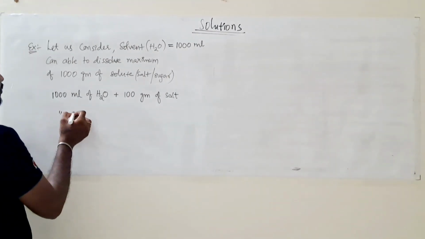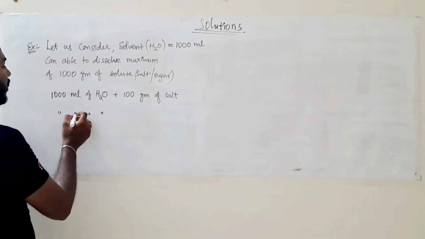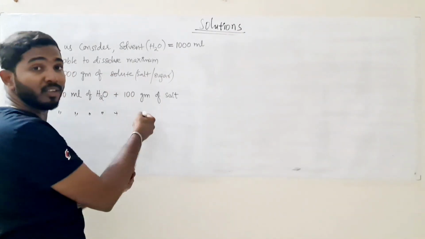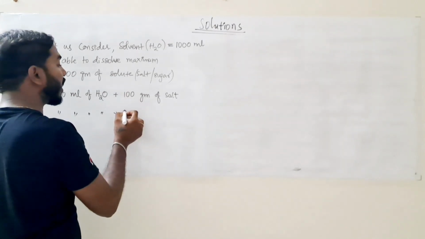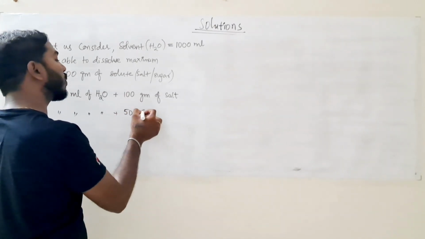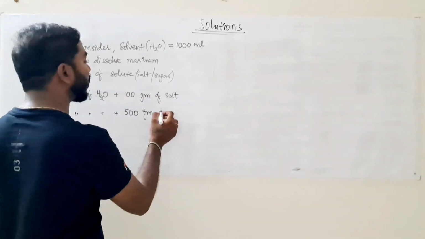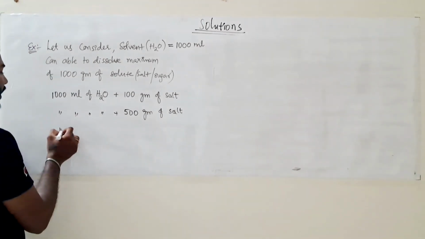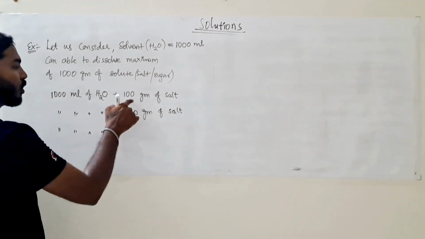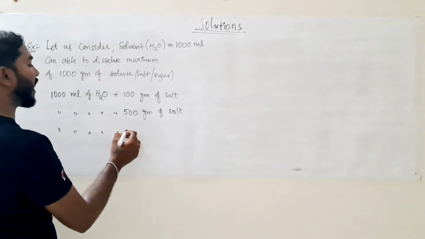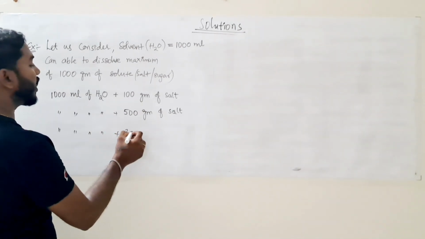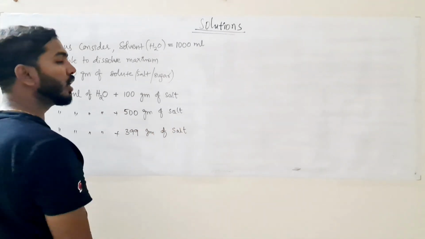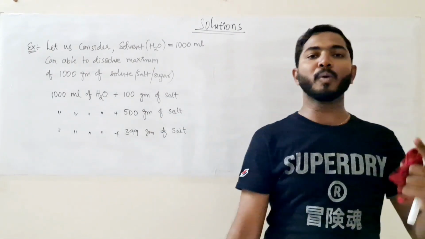Now, within the same 1000 ml of water, in addition to this 100 grams of salt, let us add 500 more. So now a total of 600 grams of salt is in our solution. Let me take the other case: to this 600, let me add 399 more grams of salt. Now our solution has 999 grams of salt.